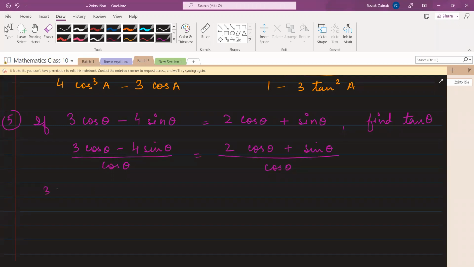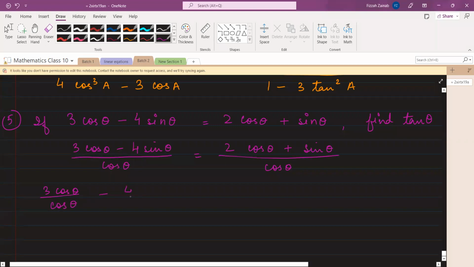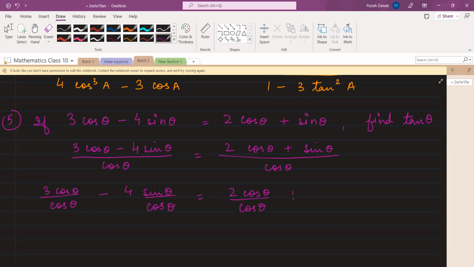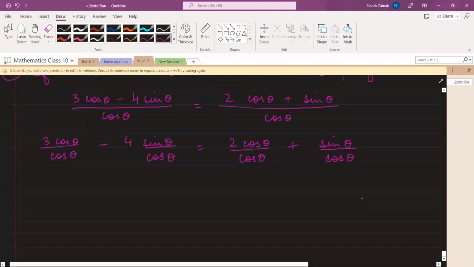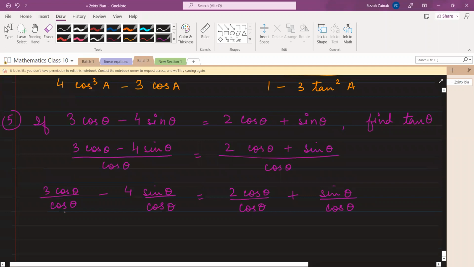Then I can separate them. So 3 cos theta divided by cos theta minus 4 sine theta upon cos theta is equal to 2 cos theta divided by cos theta plus sine theta divided by cos theta, right? Okay. So cos theta cancels out. This is 3 minus 4 tan theta, and again, this is 2 plus tan theta.